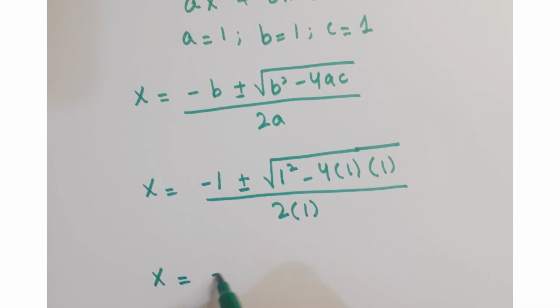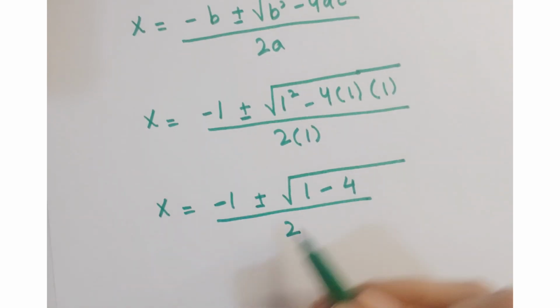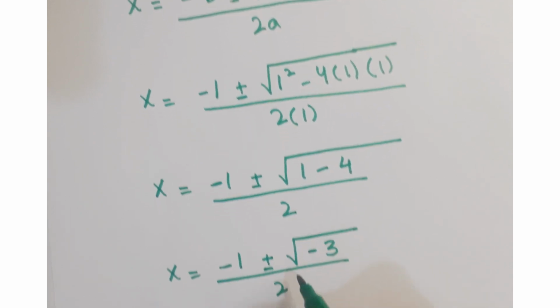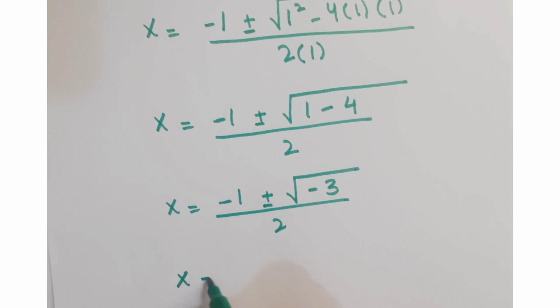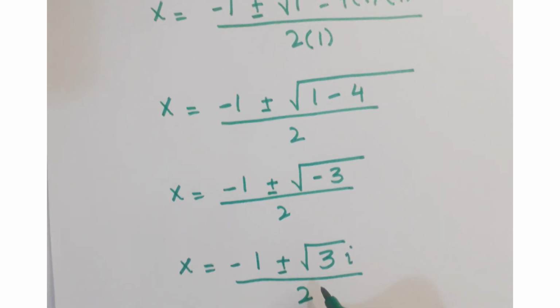So we get x is equal to minus 1 plus minus under root 1 minus 4 upon 2. Further you can write it as x is equal to minus 1 plus minus under root minus 3 upon 2, or you can say x is equal to minus 1 plus minus under root 3i upon 2.